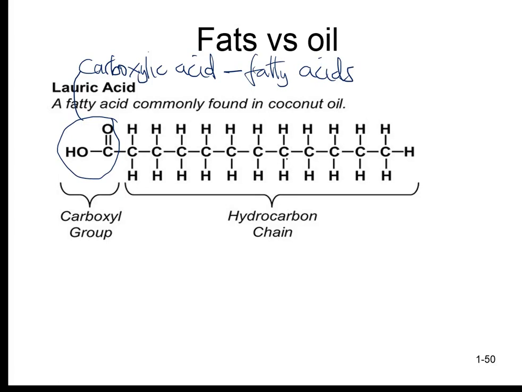So a fatty acid would be a long chain, as you can see here, 1, 2, 3, 4, 5, 6, 7, 8, 9, 10, 11 carbons, and this one 12, will be a longer chain, but at the end of that chain, there is a carboxylic acid.